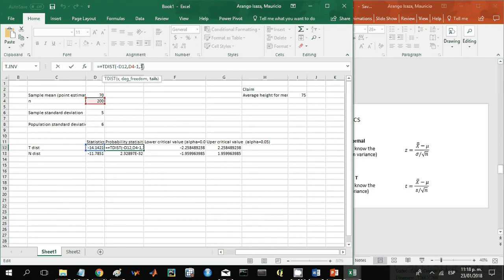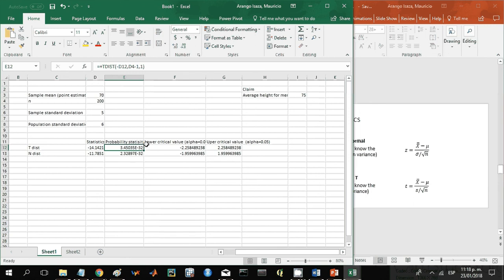And I'm going to do a one tail because I don't want to get complicated with the two tails. It's just going to be confusing in this case. So I get this probability, and this is really small. This is clearly less than 5%. So this guy is going to be clearly in the rejection area.